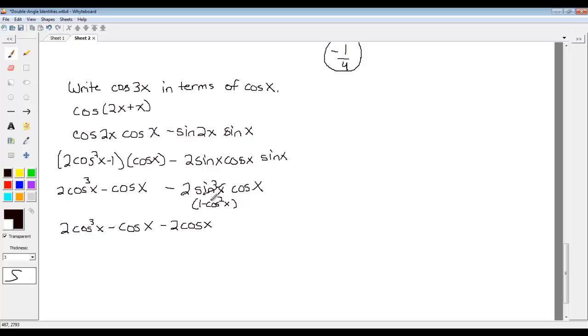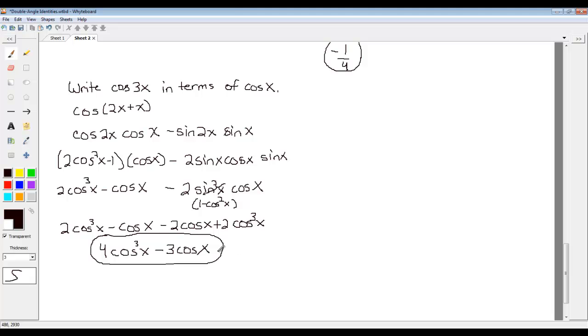And minus 2 times minus cosine squared x times cosine x will give you plus 2 cosine cubed x. Combine any like terms, you got 4 cosine cubed x minus 3 cosine x. So now it's all in terms of cosine x. No longer any cosine 2x or cosine 3x. Even this cosine cubed x, that's like saying cosine x cubed. So everything's in terms of cosine x now.